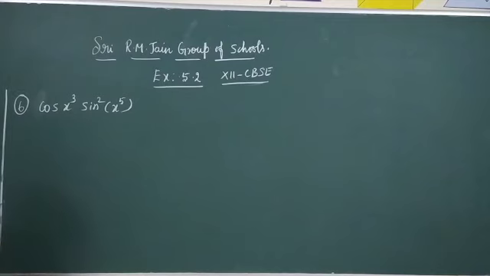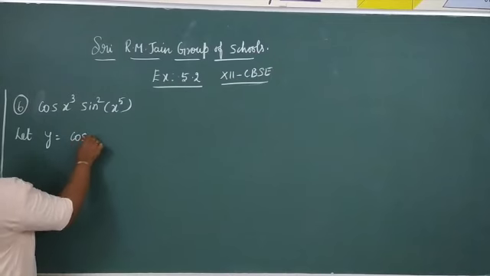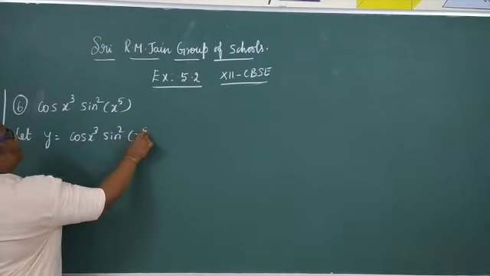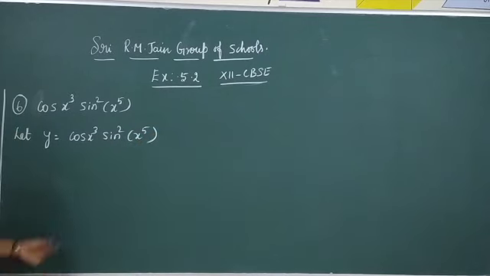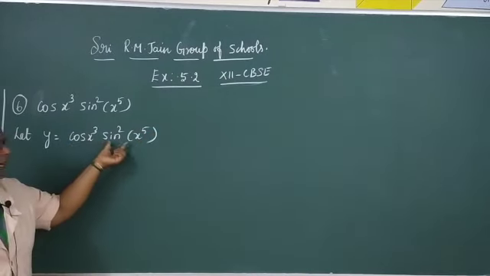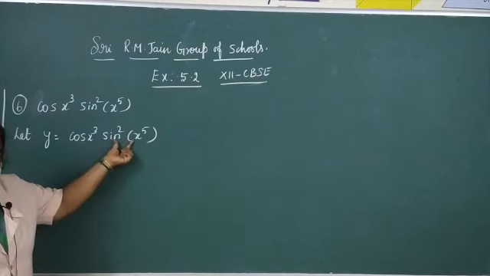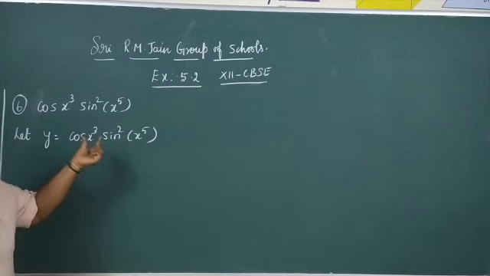Listen, exercise 5.2, sixth sum, you can take it as let y equal to cos x cube into sin square x power 5. See, this is an x term and this is also an x term. Two x terms are there, so you can use the product rule.